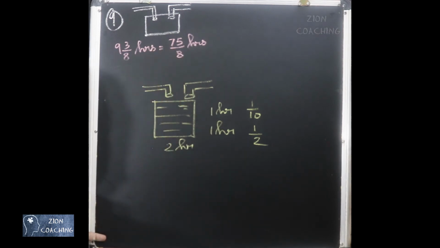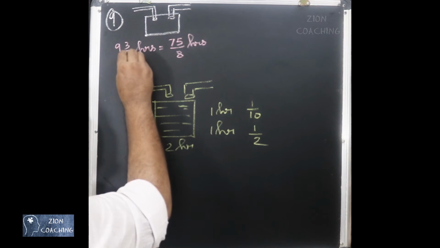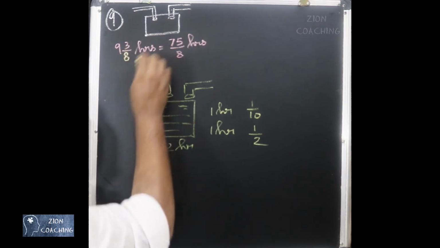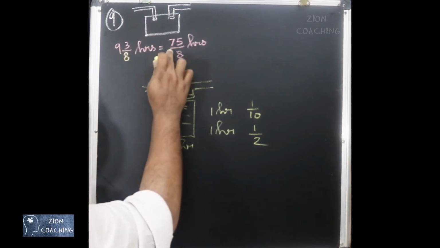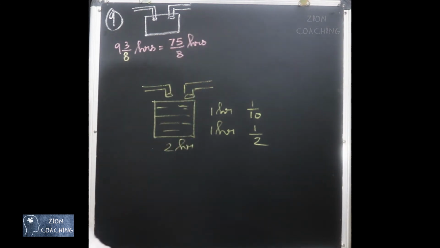Similarly, now you can see that together these two taps take 75 by 8 hours to fill the tank. So in 1 hour both the taps together would have filled 1 by 75 by 8. Let me write it for you.